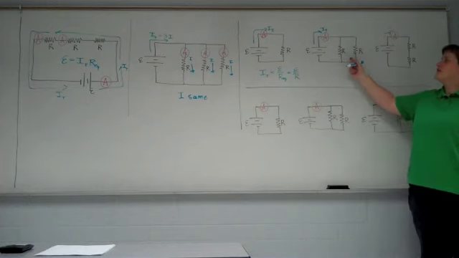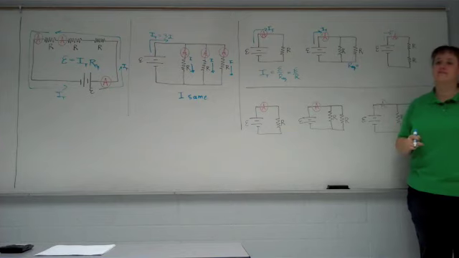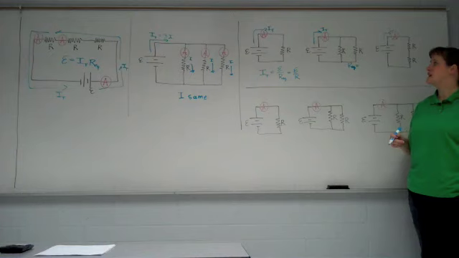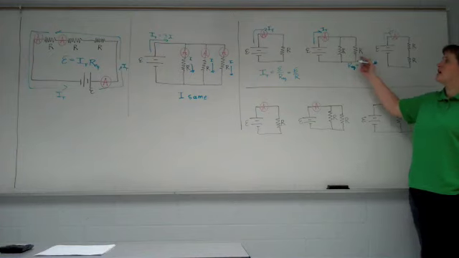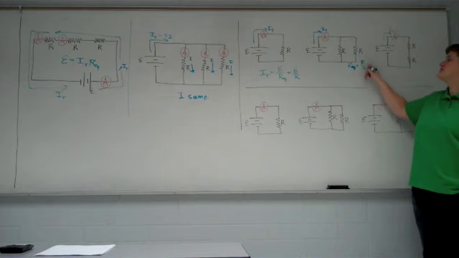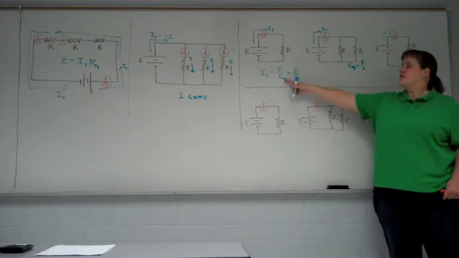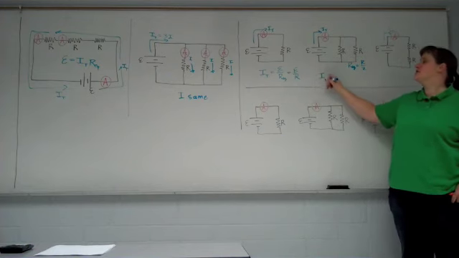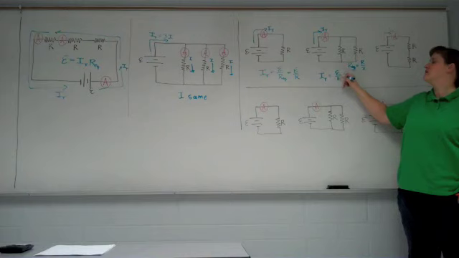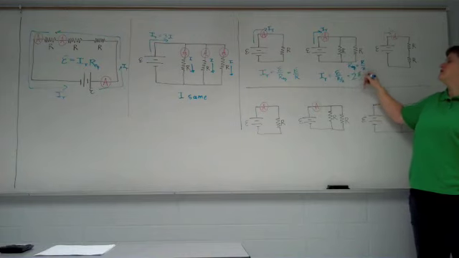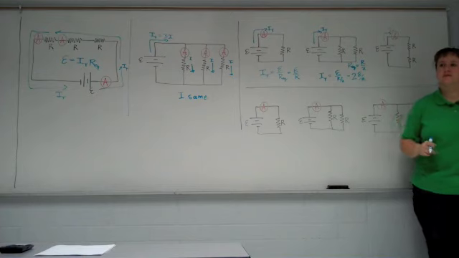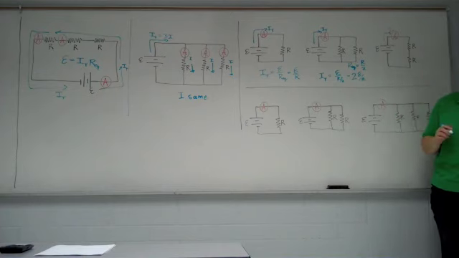For this one, if they're in parallel, how do we find the equivalent resistance? Take the reciprocals of each, add them, and then take the reciprocal of that. Exactly. So 1 over R equivalent is equal to 1 over R plus 1 over R. Our equivalent resistance in this circuit is R over 2. If the equivalent resistance is R over 2, our current ends up being twice as big as it was in that first situation.